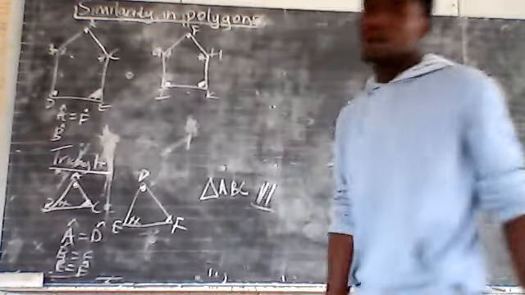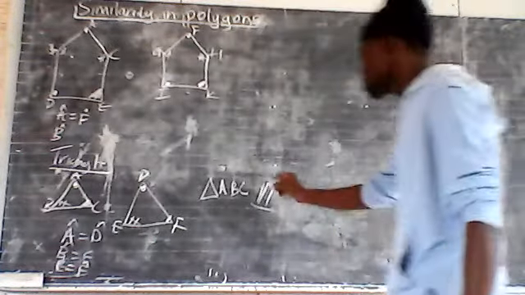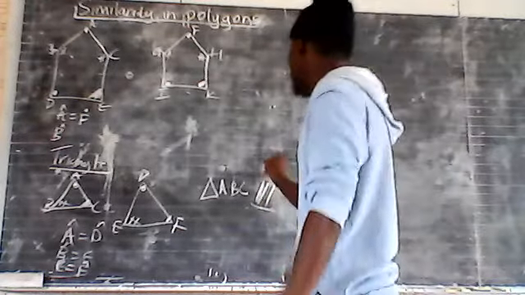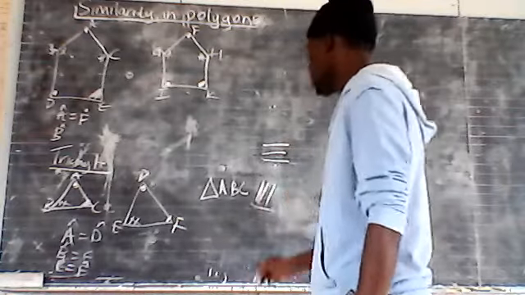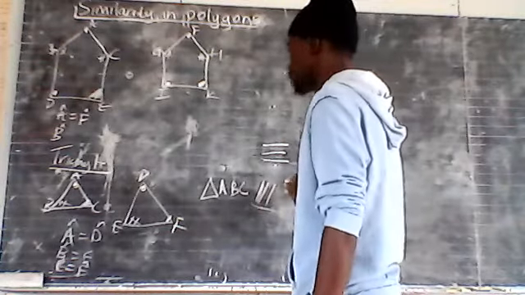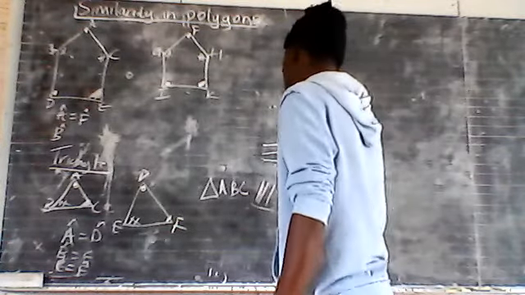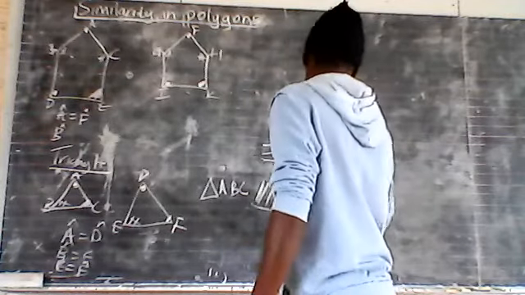This is the symbol we are going to be using for similar, just 3 lines, guys, that are not laying horizontal. Remember, this is congruent and this is similar. So we are saying triangle ABC is similar to triangle DEF.